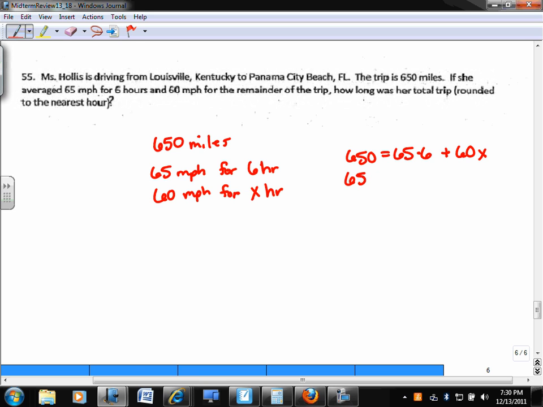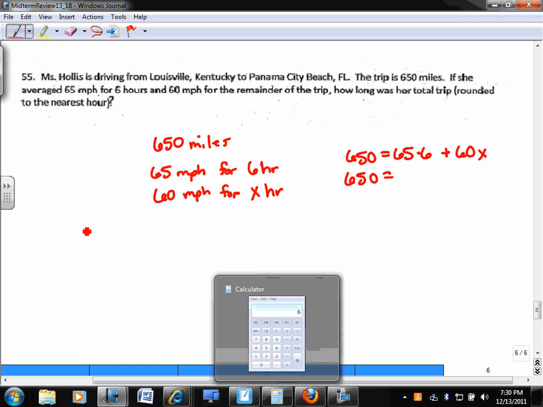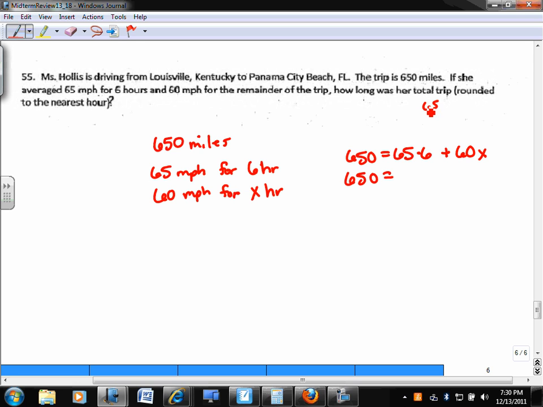Okay, so 650 is equal to 65 times 6. We can do this relatively quickly. 65 times 6. 6 times 5 is 30. 6 times 6 is 36. 390 plus 60x.